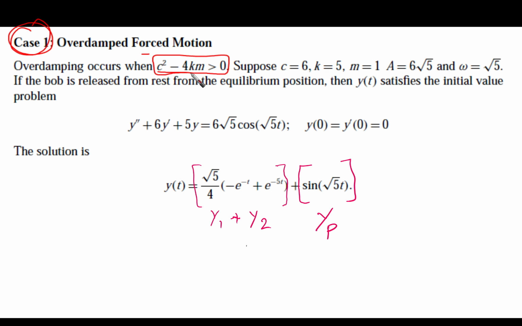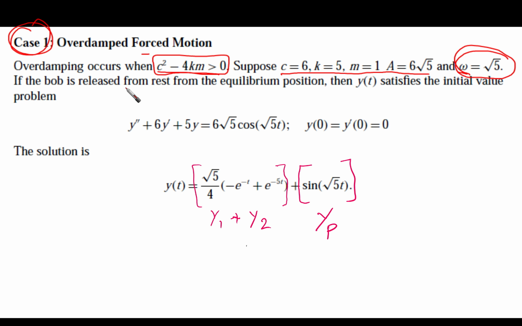Let's take some values directly to make it easier to understand. We have damping coefficient c equal to 6, stiffness k equal to 5, m equal to 1, a equal to 6 radical 5, and omega, take care, is the forcing frequency.